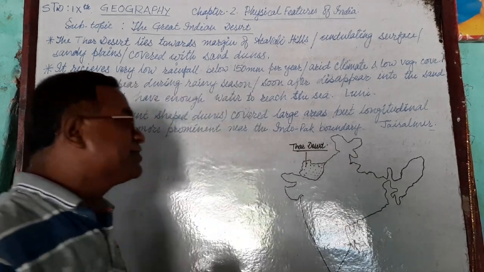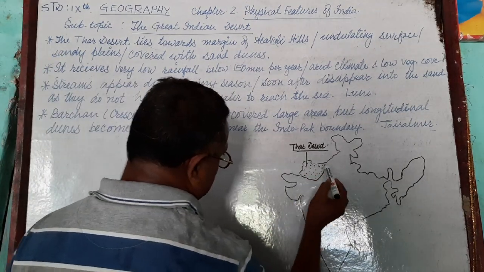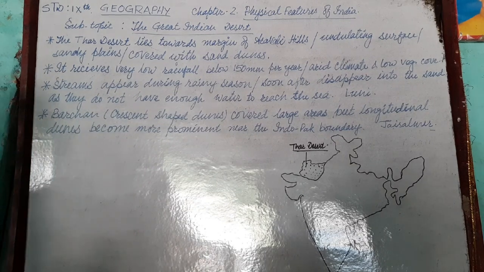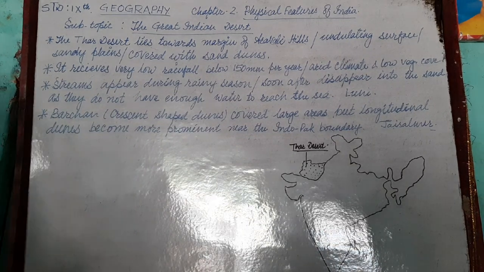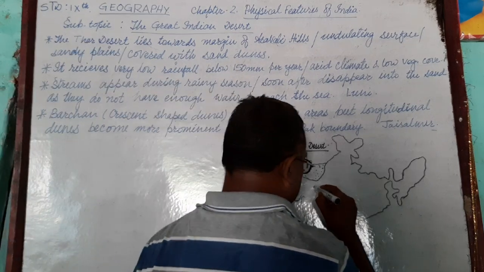Today we will discuss the Thar Desert that is found in the state of Rajasthan. The Thar Desert lies towards the margin of the Aravalli hills. Here the Aravalli hills are found.